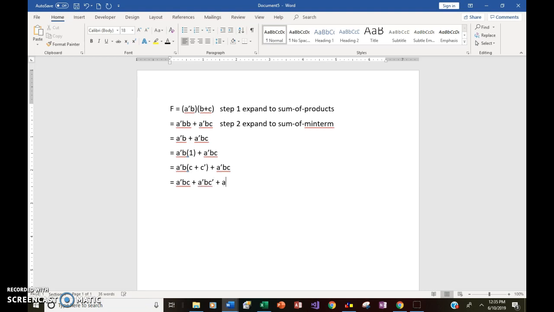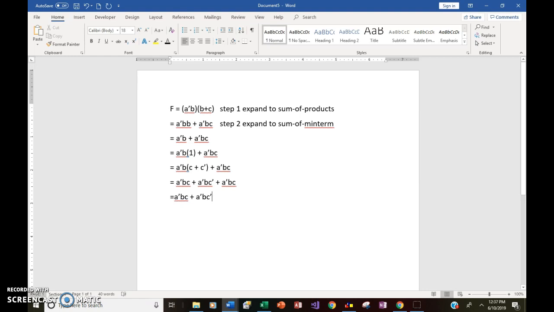Bring down the term you have, A prime B C. Now another rule applies: A prime B C, A prime B C. These both exist twice, and if you apply the Boolean algebra property, you can have that term any number of times and it results in itself, so you only need it once. That would be A prime B C plus A prime B C prime.